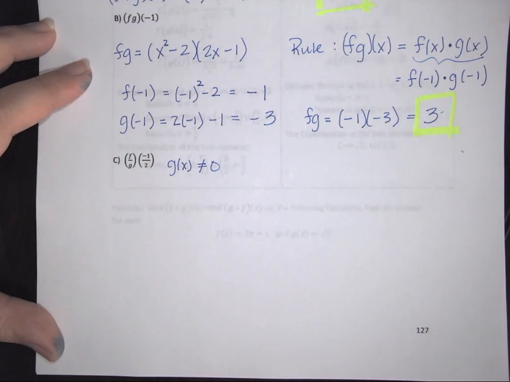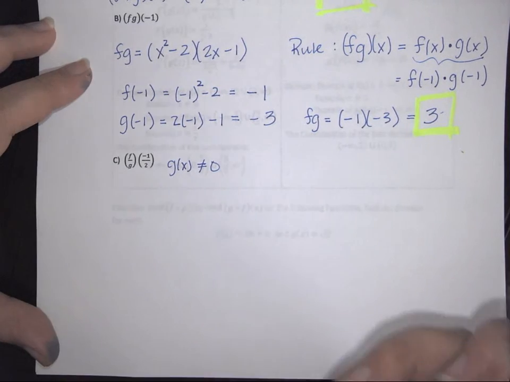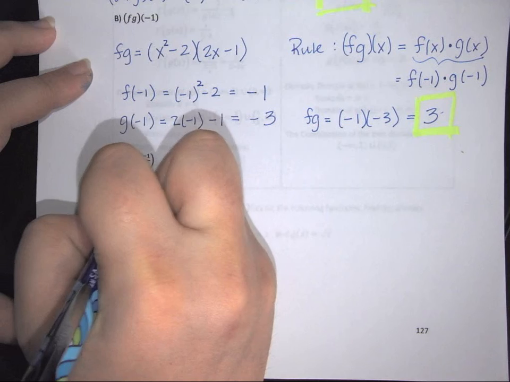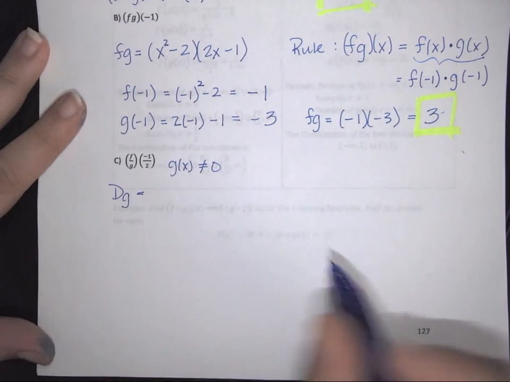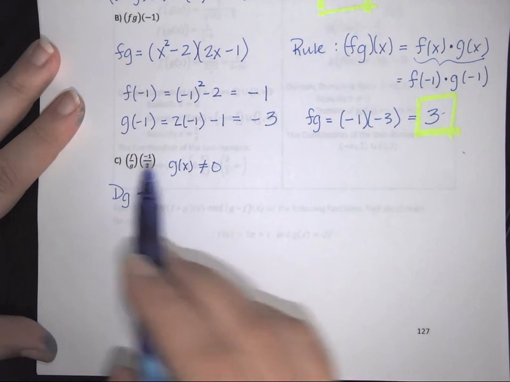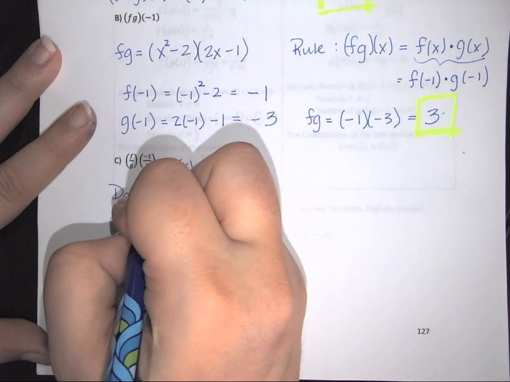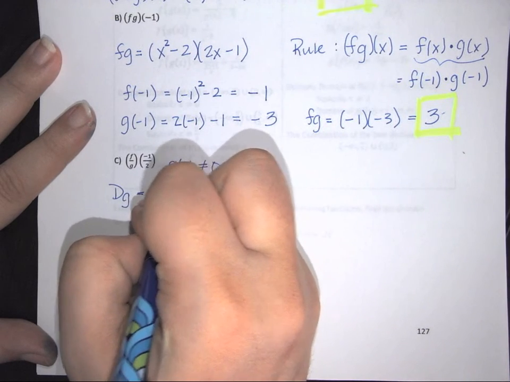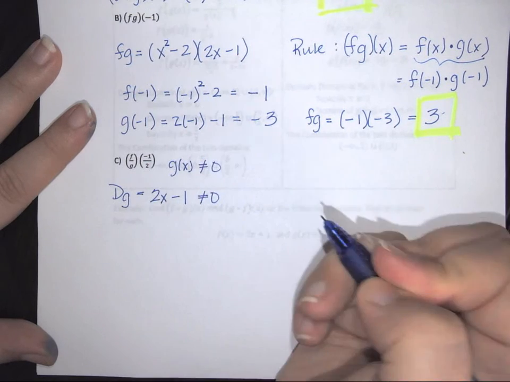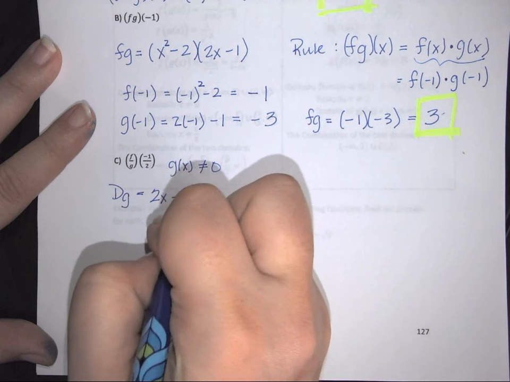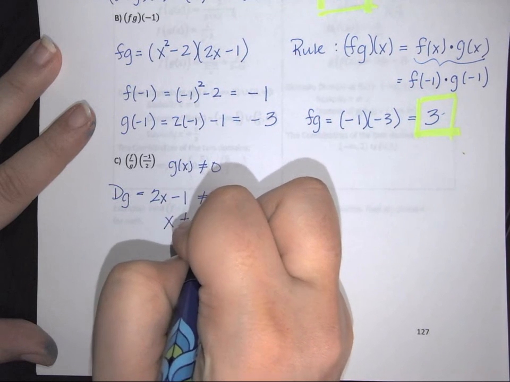So the very first thing you want to do with this one is find the domain of g so that you know if your evaluating part is going to have a problem. Okay? So here g is 2x minus 1, and this cannot be 0. So add 1, divide by 2, x cannot be 1/2.